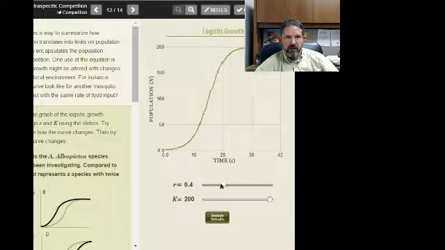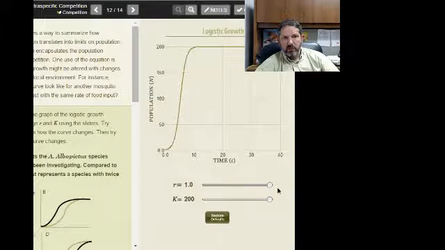Now, if you have a slow growth rate and a high carrying capacity, we don't see reaching that carrying capacity on the scale of this graph. You'd still reach it. And if you have a high growth rate, you just reach k sooner. It doesn't really matter the size of carrying capacity. You reach it quickly with a high growth rate.